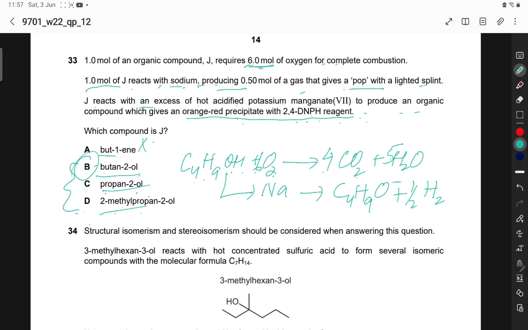J reacts with an excess of hot acidified potassium manganate to produce an organic compound which gives an orange-red precipitate. Butan-1-ol is further oxidized to form an aldehyde, and the aldehyde is then further oxidized to a carboxylic acid.